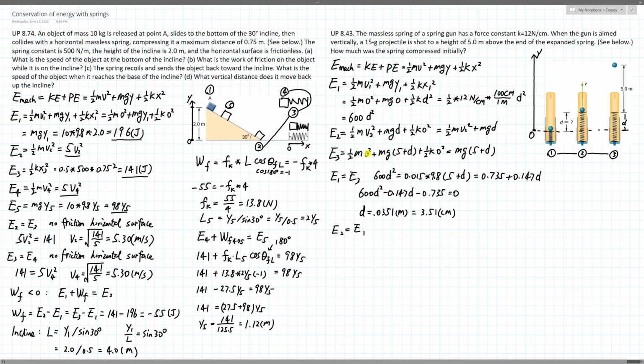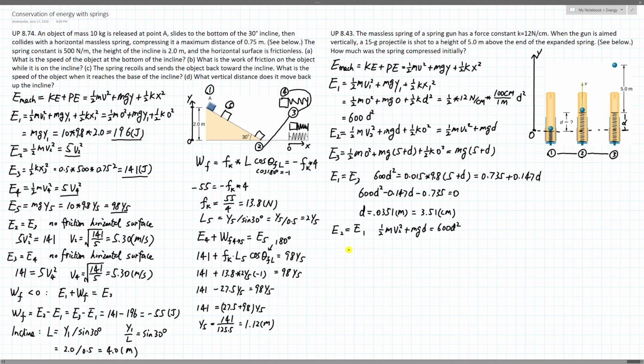And E2 has this, so 1/2 m v2 squared plus mgd equals 600 d squared.